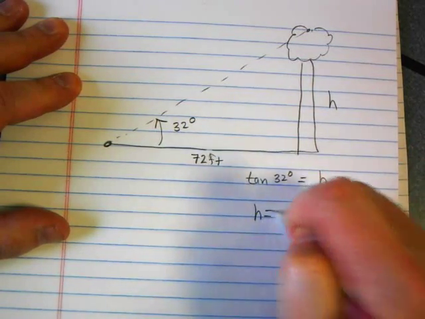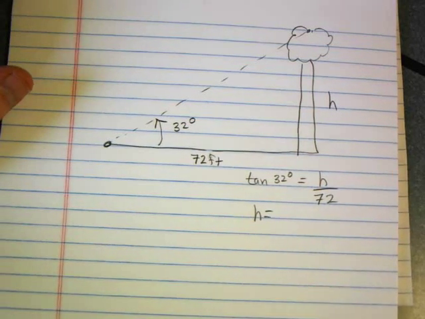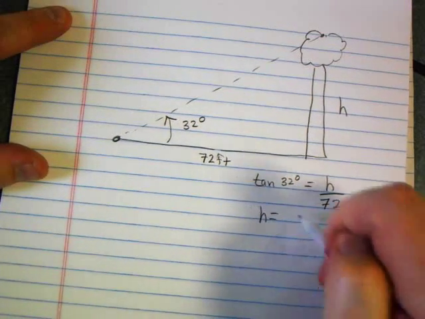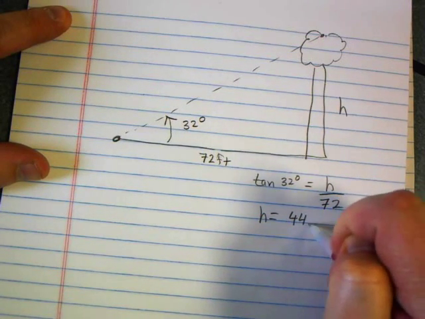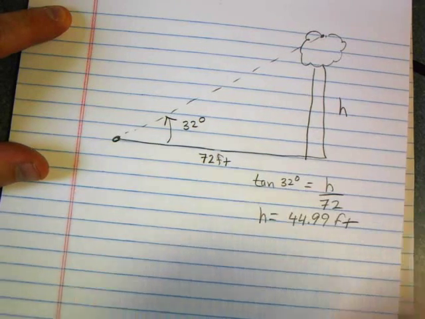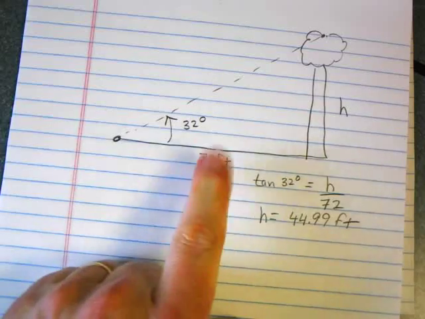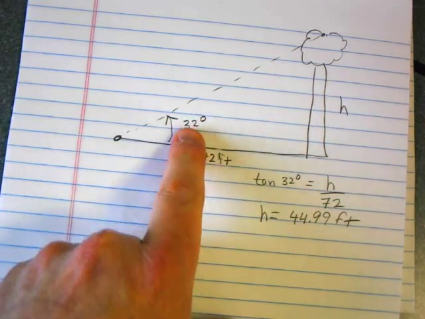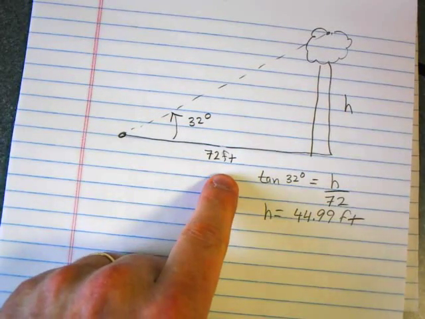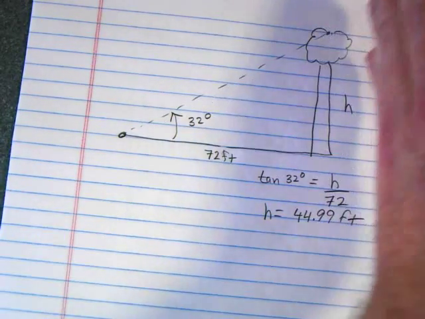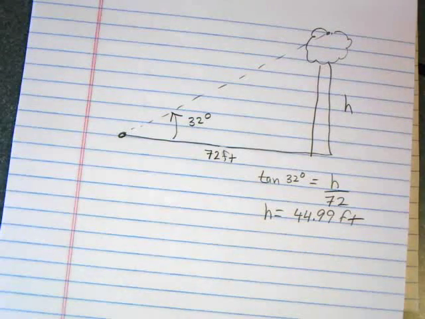So h was 72 times tangent 32, 44.99 feet. So I definitely had enough room. Actually my numbers are wrong, because the way it came out, according to my approximation, this tree should fall and it should miss my house by 5 feet.